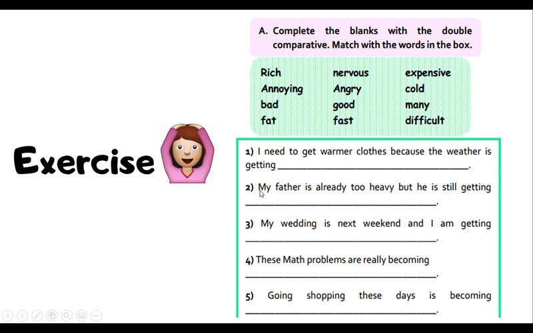The answer is fat. Now, the comparative form of fat is fatter. So, don't forget comparative plus and plus comparative. So it becomes: my father is already too heavy, but he is still getting fatter and fatter. Easy, right? Now do the rest of the questions by yourself, okay?